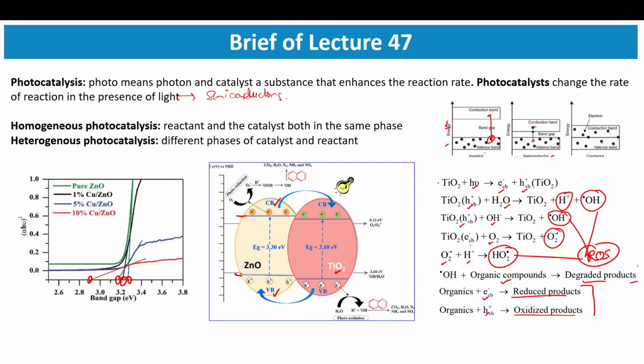Why semiconductors? So basically what happens is you utilize the band gap of semiconductors, or the catalyst, such that an electron-hole pair is formed upon excitation or upon incidence of light, right?